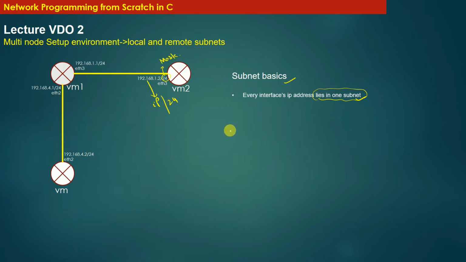To explain in brief, if you apply this mask value on this IP address, you will get the subnet ID. We will study this formally and in detail in the next module, but for now just understand that every IP address and mask combination gives one subnet ID.